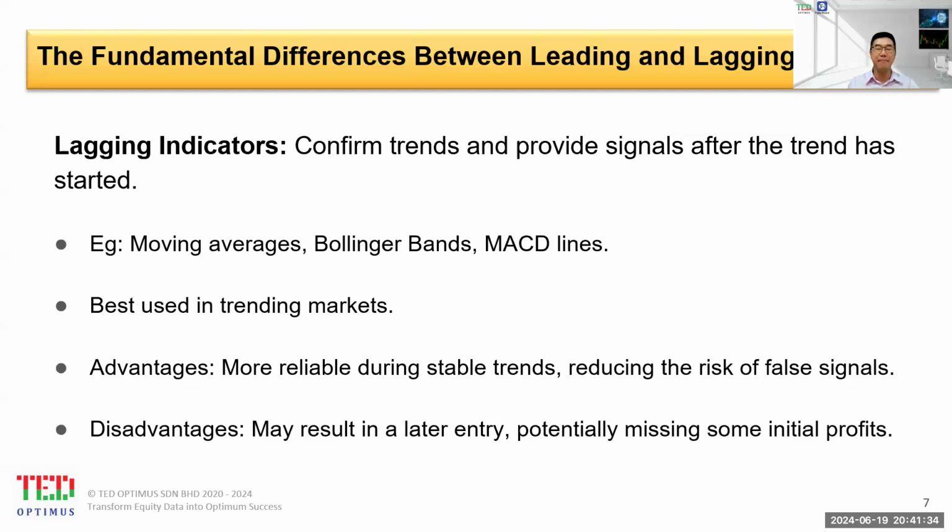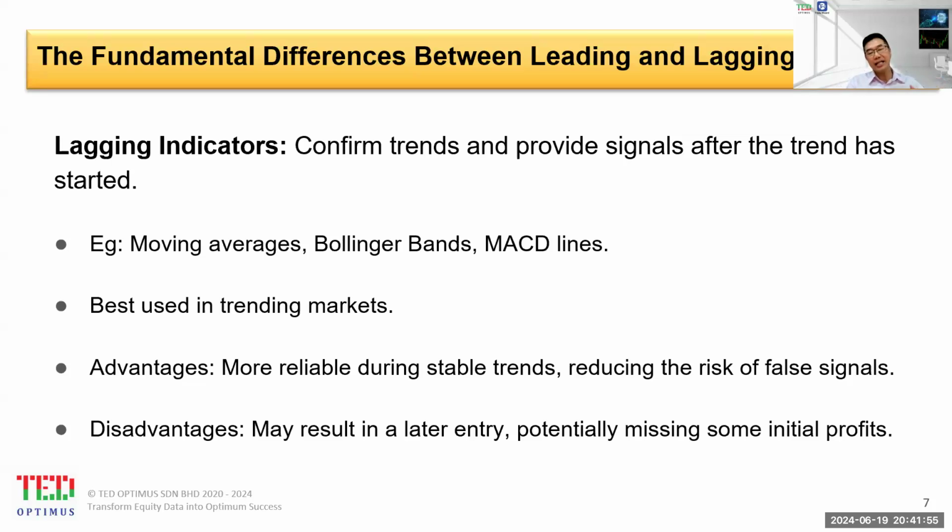MACD also has 12, 26, and 9 periods. And of course, a moving average can be anything from 2 periods to infinity, technically. This group of lagging indicators is best used in a trending market.